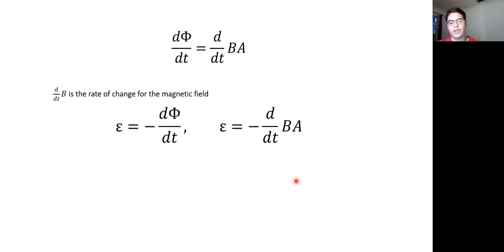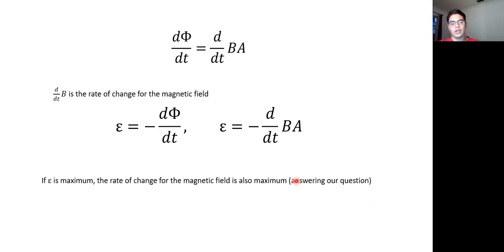So if we put this into our initial equation and replace the magnetic flux with this, we'll have the induced EMF is equal to the negative rate of change of the magnetic field multiplied by the area.